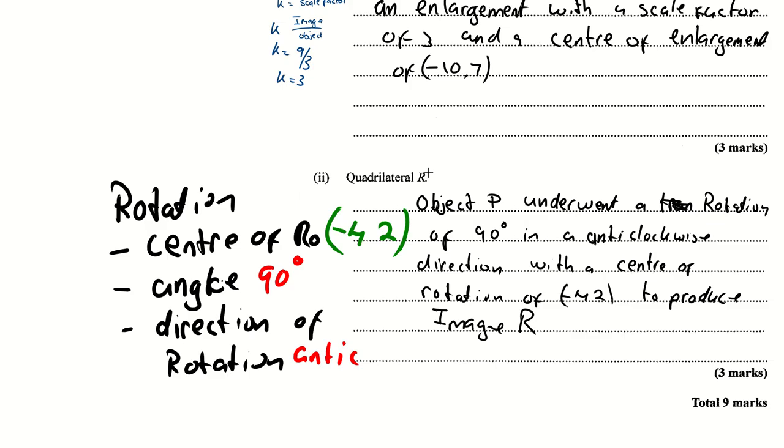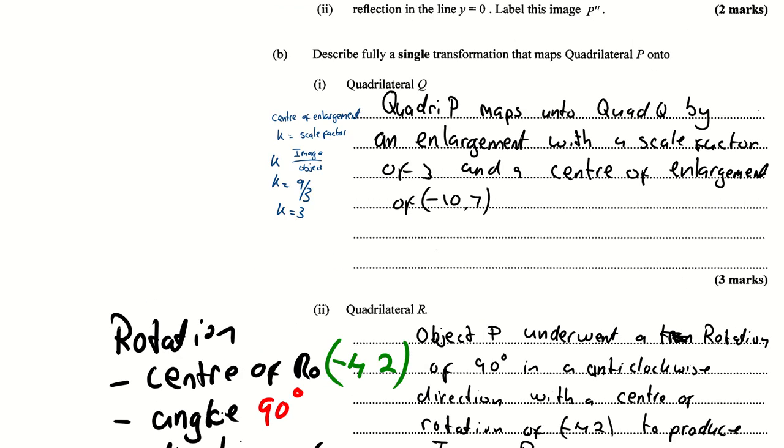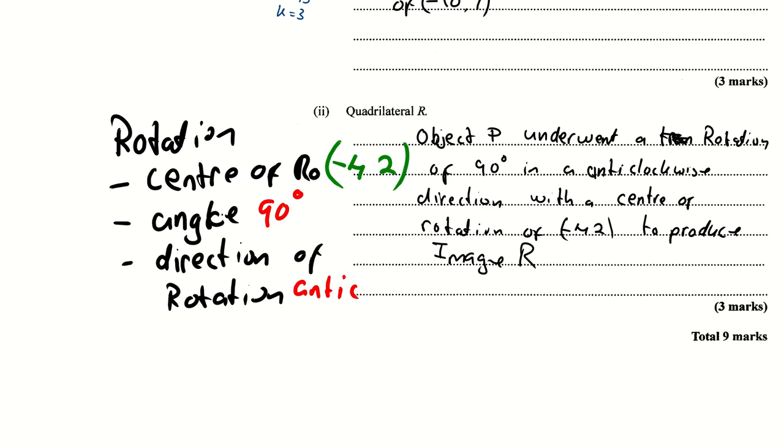Or if you want, you could just say the type of transformation is rotation, and then list out center of rotation, write this down, angle 90 degrees, direction anti-clockwise. If you don't like to put it in a sentence like this, you do need to make sure that you have everything listed down for rotation as well as center as well as enlargement.